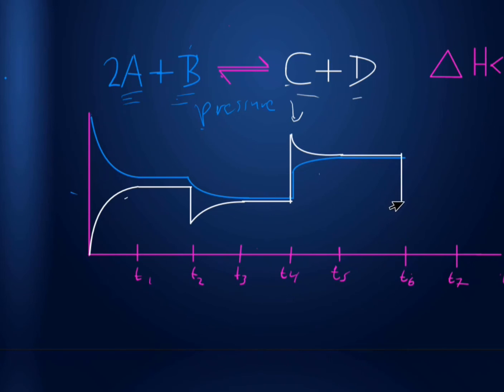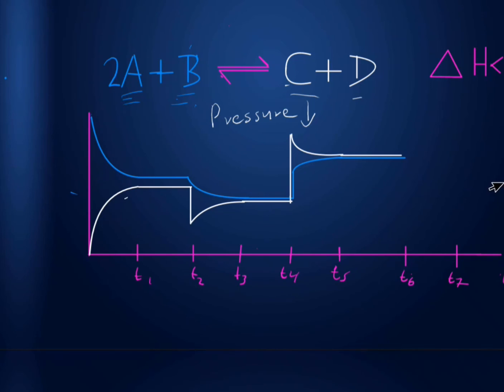The forward reaction is the one that produces the lower number of moles. So when decreasing pressure, the forward reaction has to decrease.